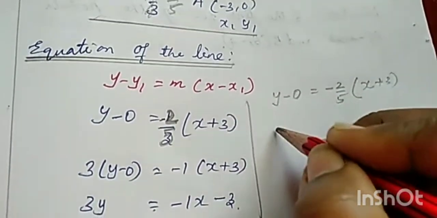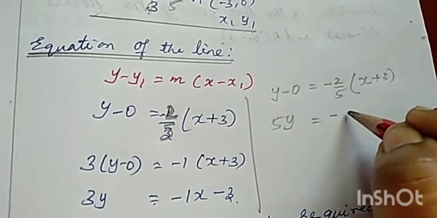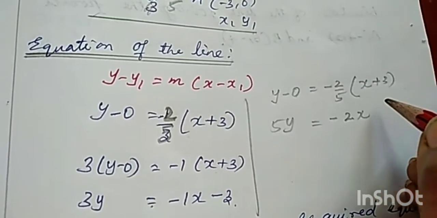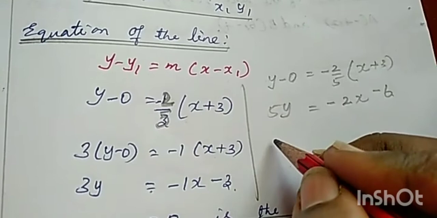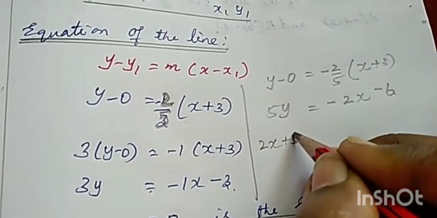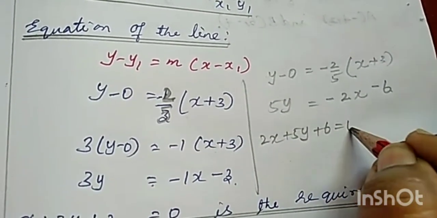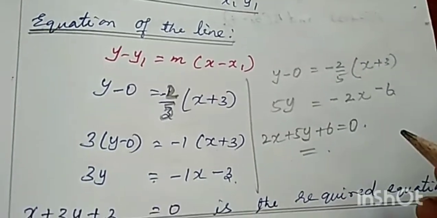So when 5 goes here, it becomes 5y is equal to minus 2x minus 2 times 3, which is minus 6. Take it to the left-hand side. 2x plus 5y plus 6 is equal to 0 is your required equation.